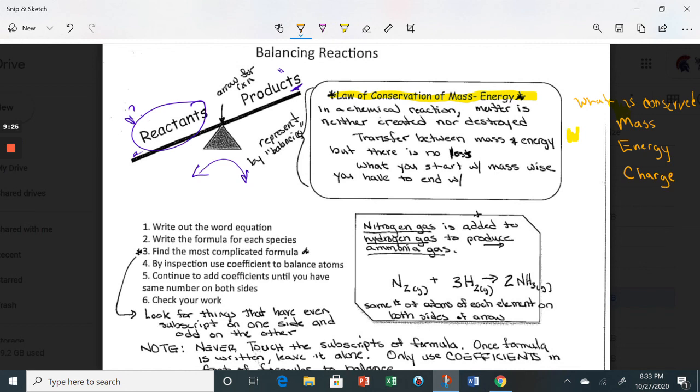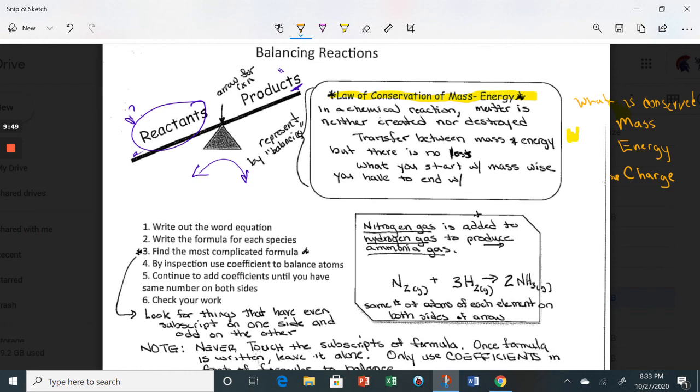And we have movement of electrons? Well, that's where this comes into it. The total, literally, ion charge on one side has to equal the total ion charge on the other side. And you can have free electrons depending on your chemistry, so you have to take that into account too. So everything, mass, energy, and charge is conserved.